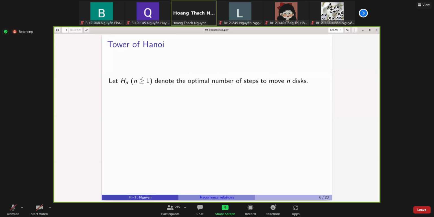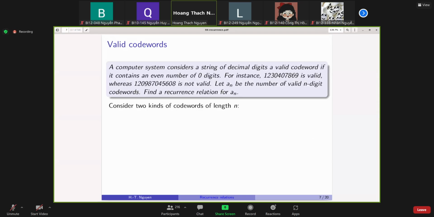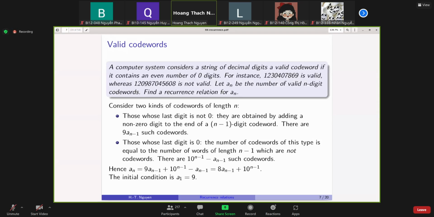And the recurrence relation of the problem of the tower of Hanoi is not homogeneous because there is a free term here. Similarly, in the third example about code words, we also have a linear and non-homogeneous recurrence relation.